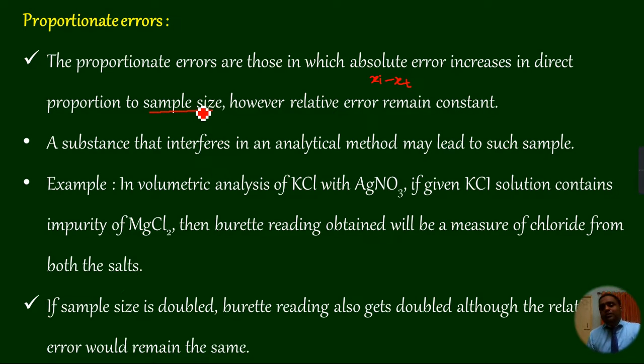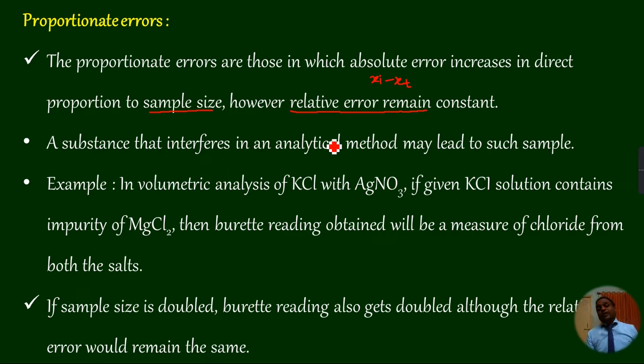So you cannot say proportionate error is directly reverse to the constant error, but here some parameters are changing. For example, absolute error is also increasing with the sample size in this case. However, relative error in this case remains constant.